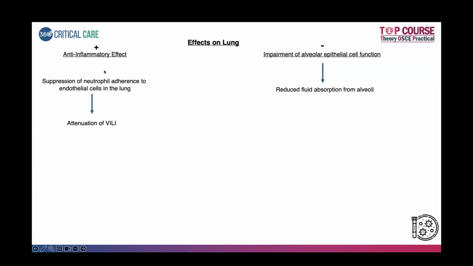That is, it helps in suppression of neutrophil adherence to the endothelial cells in the lung, thereby helping in attenuation of ventilator-induced lung injury. But on the negative side, it causes impairment of the alveolar epithelial cell function, thereby reducing fluid absorption from the alveoli. Though this is more theoretical, from my exam perspective, it is important to know about it.